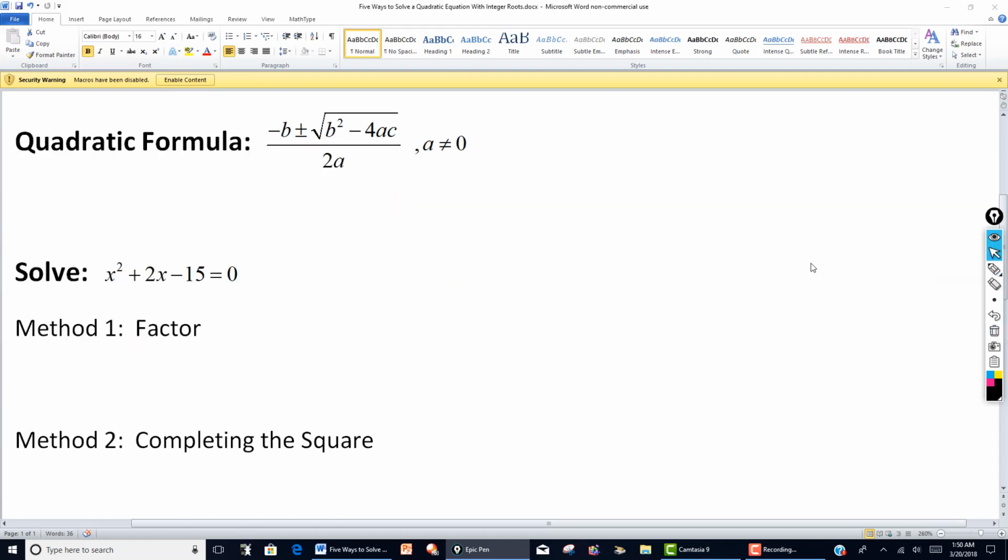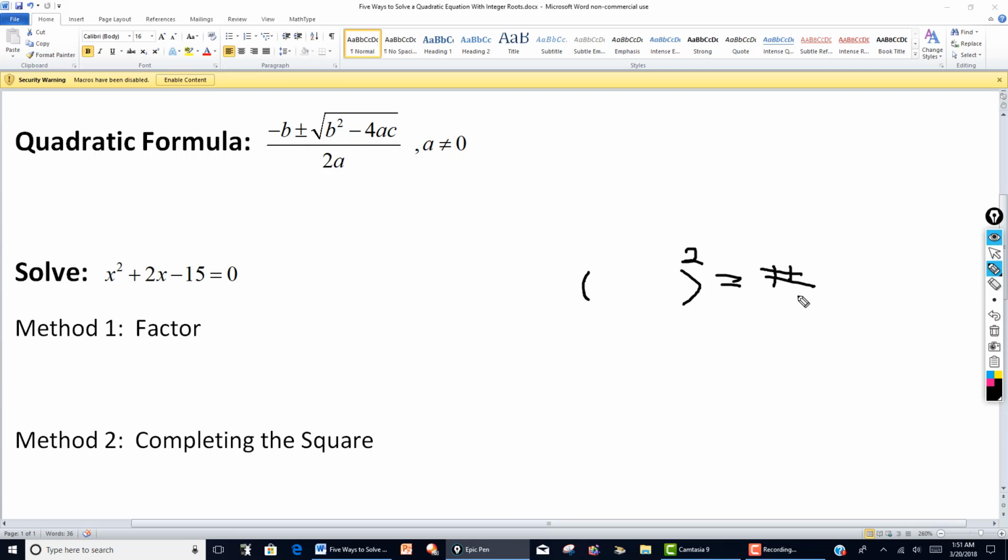Okay, the method of completing the square. We want to set this up in the method of completing the square. We want to set it up so it looks something like this. Quantity of something squared is equal to some number. Then it's easy to solve.